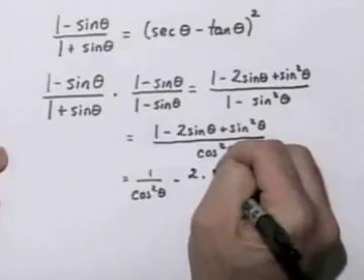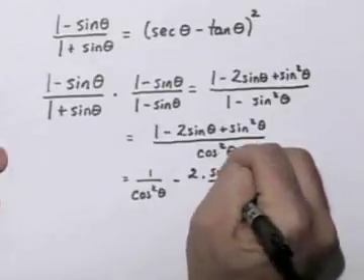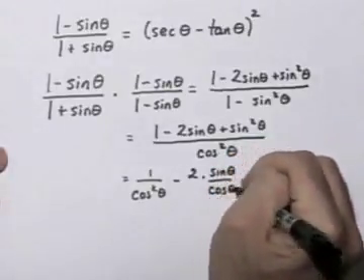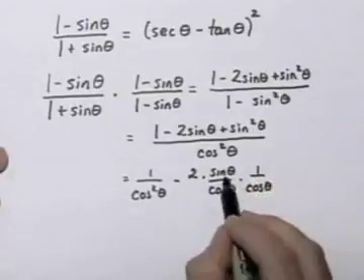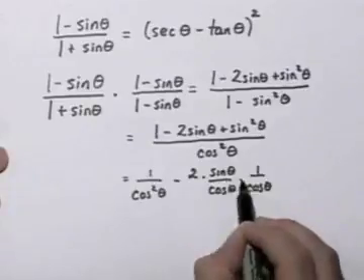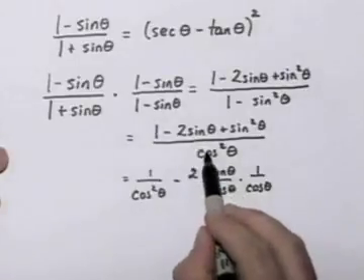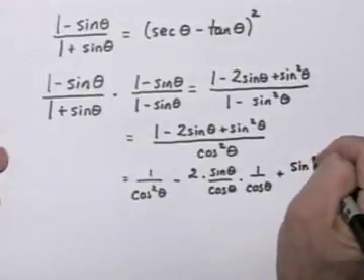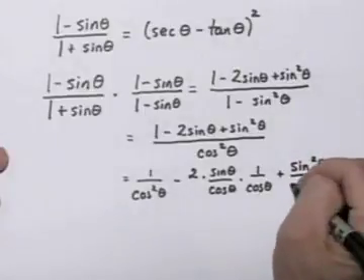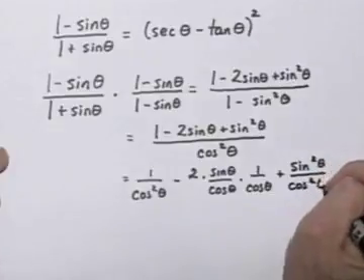So I'm going to write this as sine theta over cosine theta times 1 over cosine theta. That gives me sine theta over cosine squared of theta that I would have originally had. And then plus sine squared of theta over cosine squared of theta.